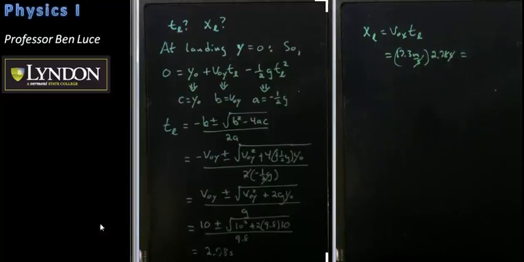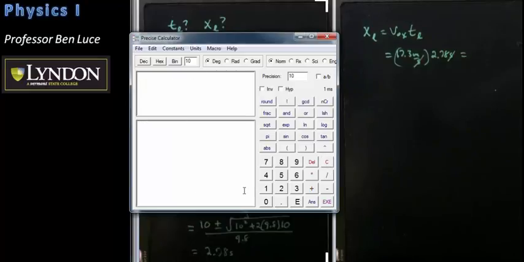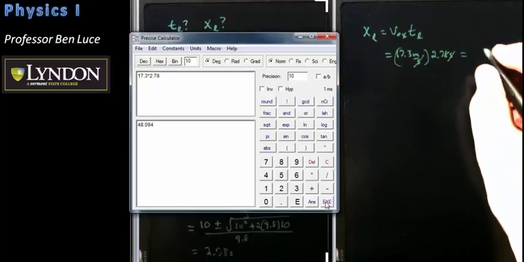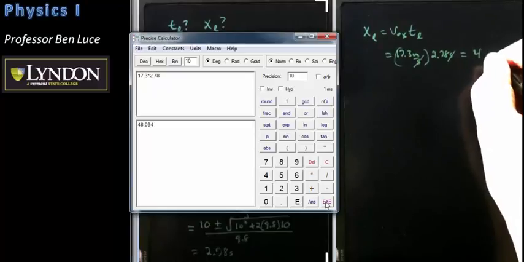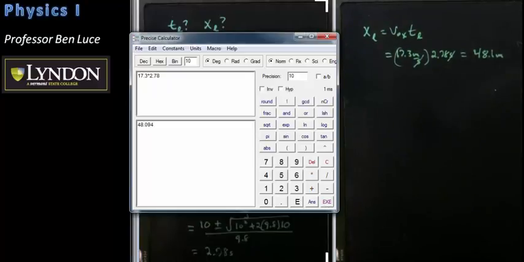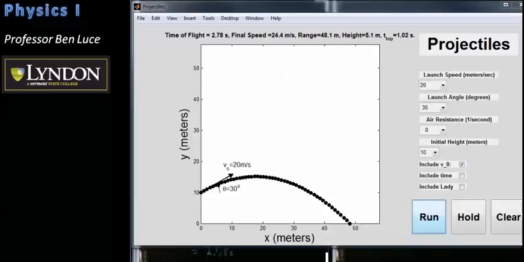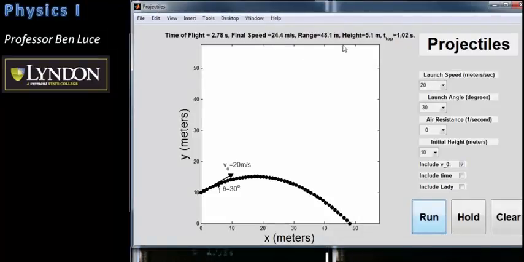We bring back our calculator, and we obtain, to 3 sig figs, 48.1 meters, which does in fact agree exactly with our simulation.